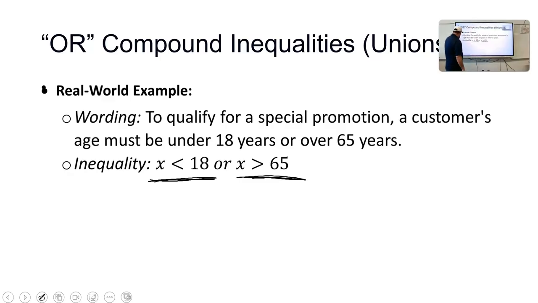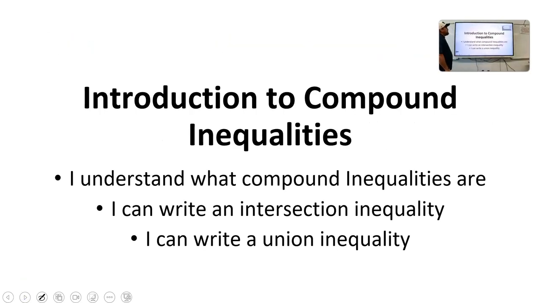So let's go ahead and take a look at our last slide. I understand what compound inequalities are. Those are our and statements or our or statements. We can write the inequalities. For the and, if we're between 4 and 7, we would say 4 is less than x is less than 7.